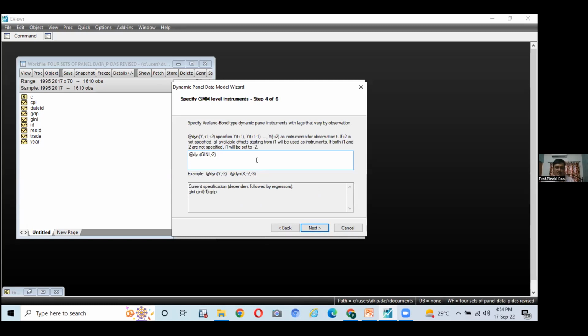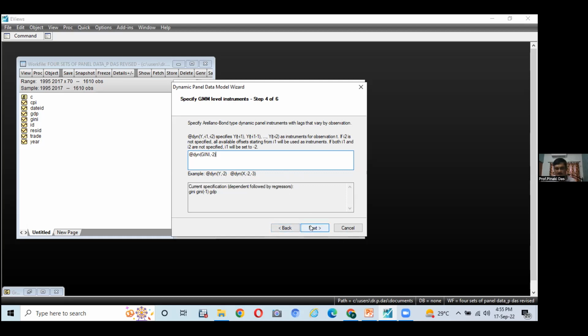Here, Arellano and Bond, in these types of dynamic panel data regression model, have considered the lag dependent variable as an instrumental variable in the regression model, which is written as @dyn(Gini, -2), the second period lag. The second period lag is another instrumental variable in the model as specified by Arellano and Bond in their estimation techniques.